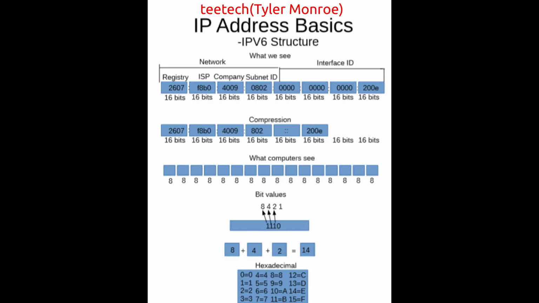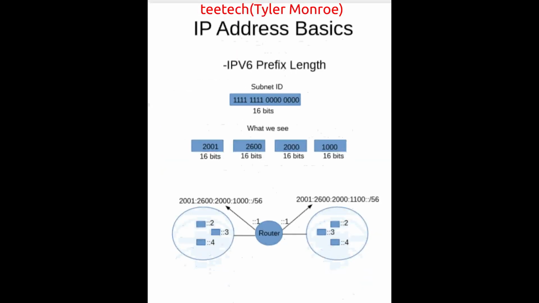Okay? Now, the last thing we need to talk about in IPv6 is how we can use the Subnet ID to make more networks. Now, it's 16 bits, so you can have up to 65,536 subnets, okay, for each section here.